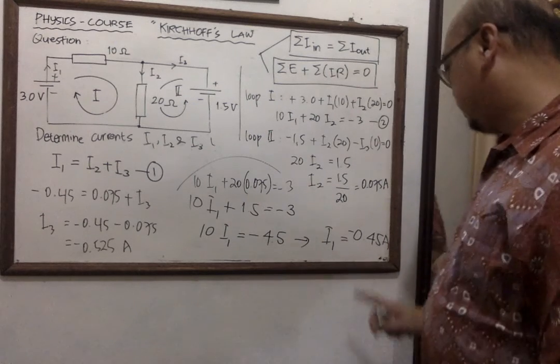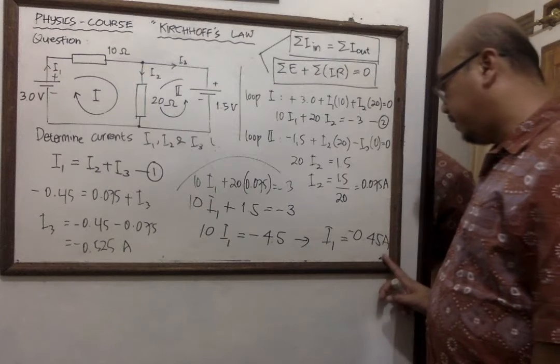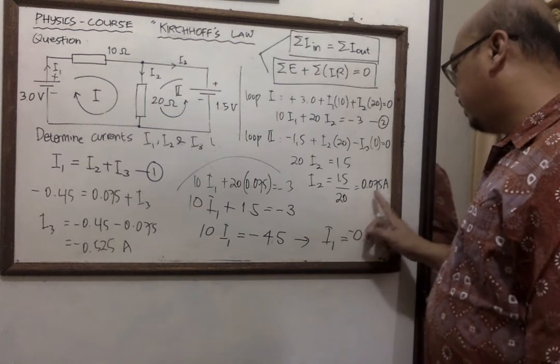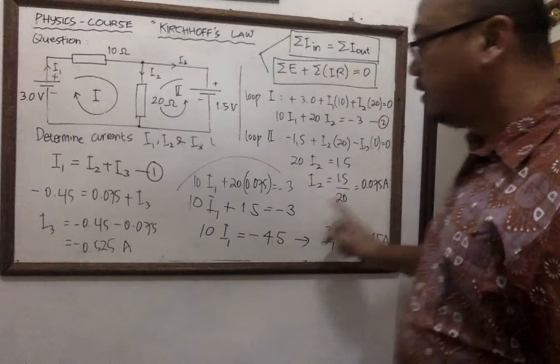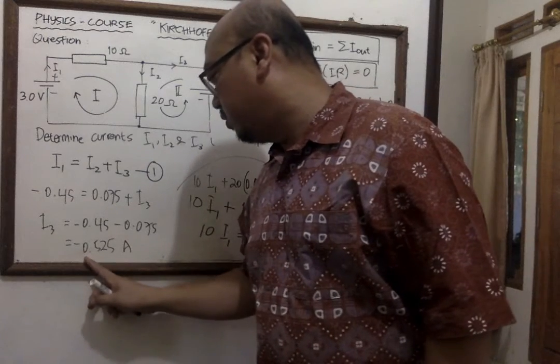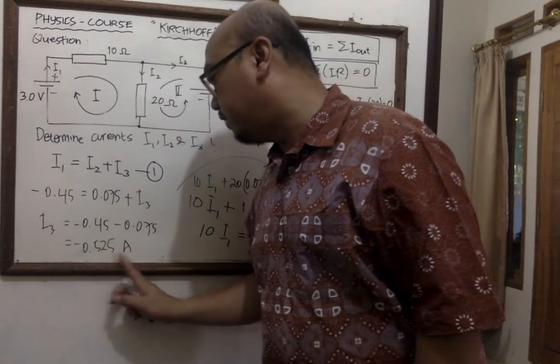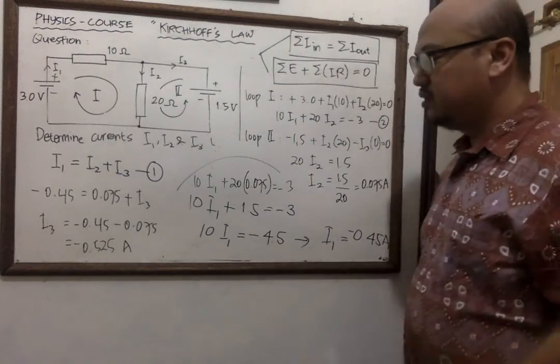Okay, finally we get the three currents. I1 is negative 0.45 ampere, I2 is 0.075 ampere, and I3 is negative 0.525 ampere. Why negative?